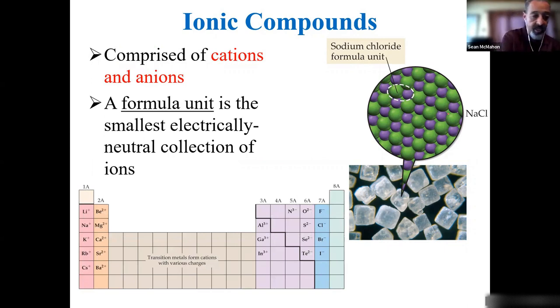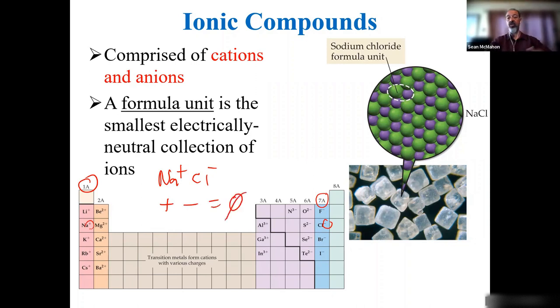Sodium is in group 1A. It loses 1 electron. That's why it forms a positive charge. Chlorine's in group 7A. To get an octet, if it has 7 and it wants 8, it needs 1 more. 1 more negative makes it a negative charge. So if I have a positive charge and I add a negative, it equals 0. It's neutral.